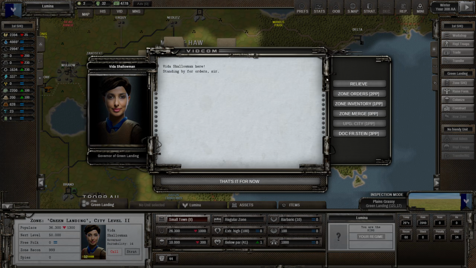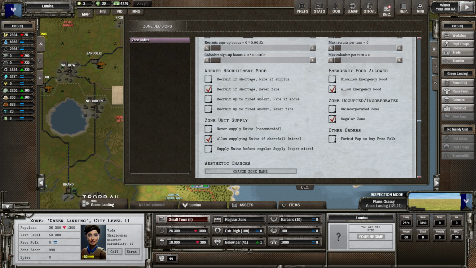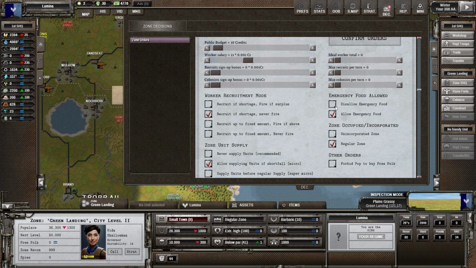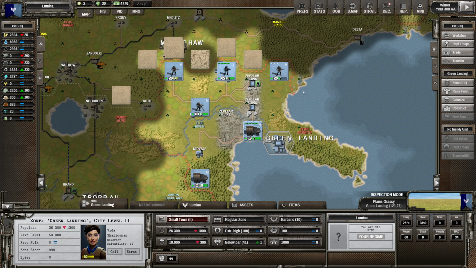You have to set that. You have to call up the zone leader and go into this user interface here. I'll talk about this in the next episode, but if you set this to allow supplying of units if shortfall, the zone can directly give food and anything else they might need without having to go through the SHQ.